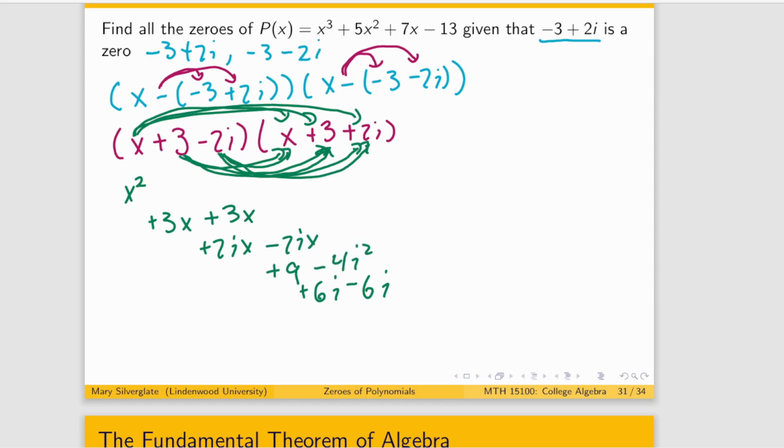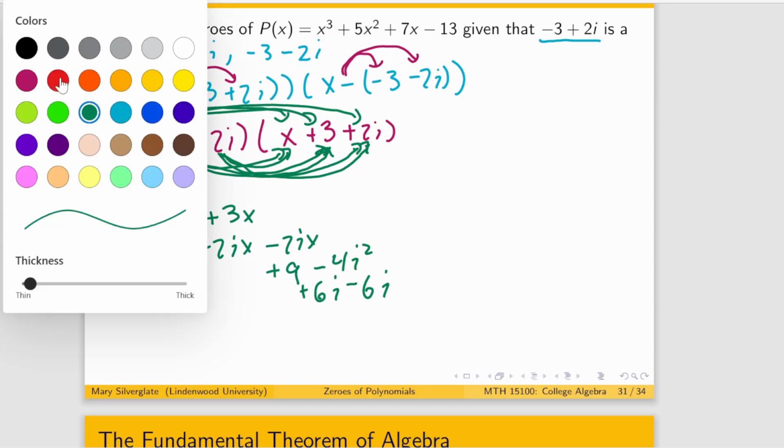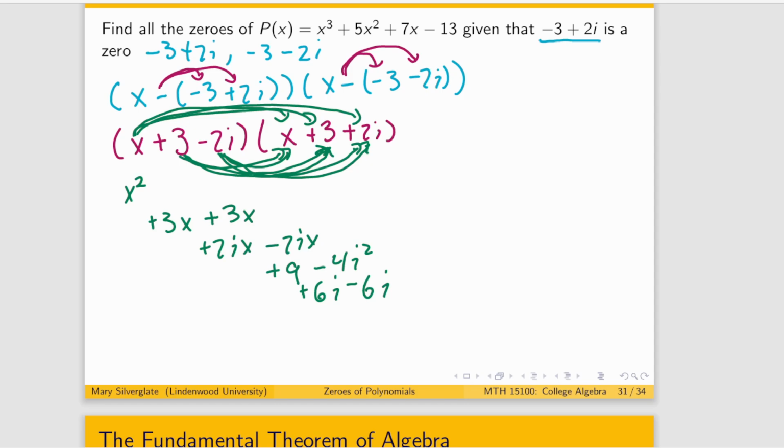Notice how I wrote the minus 4i squared on the same line as the 9, because I know that will eventually turn into a constant. Now I can visualize this simplification a little bit better because I can notice that 2ix minus 2ix makes 0 and 6i minus 6i also makes 0.